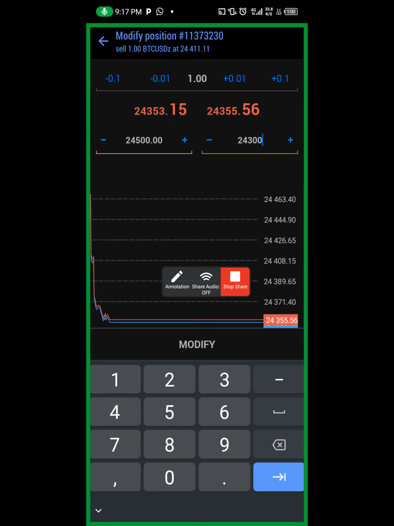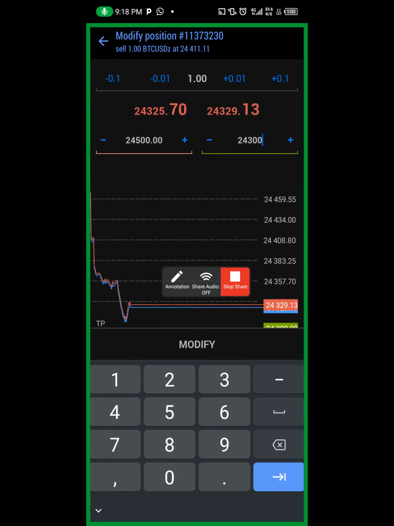Can you see they are opposite? This one is higher, this one is lower. This one is above my entry price of 24,411, while this one is lower than the entry price, at 24,300. Can you imagine? It's going in my favor, despite that it was gambling.